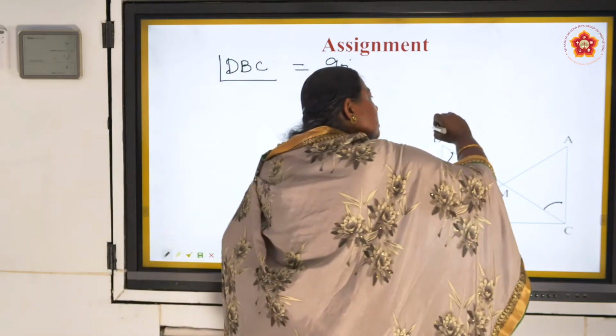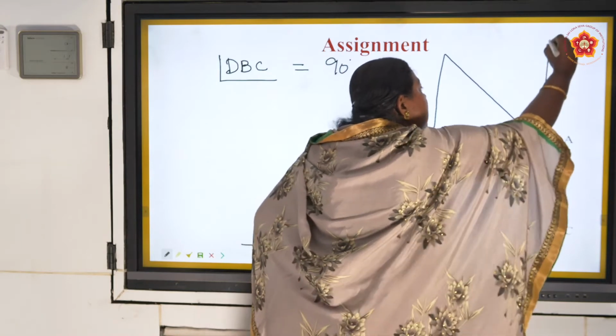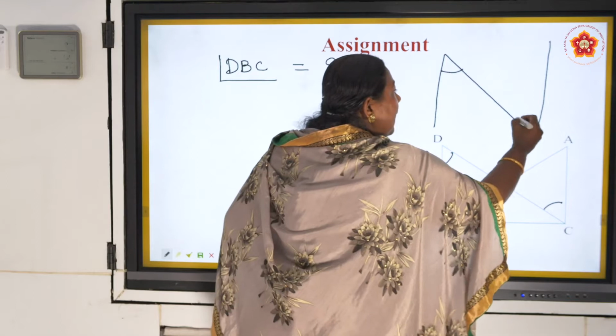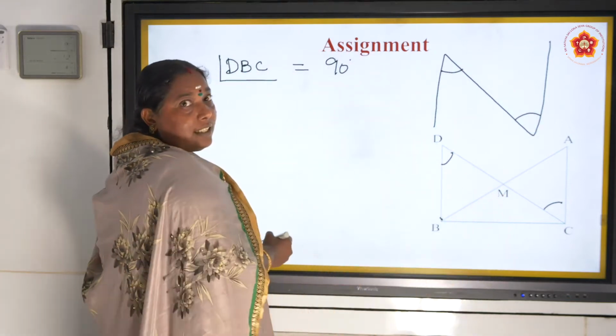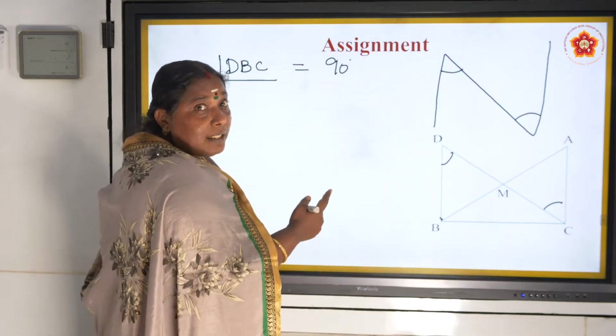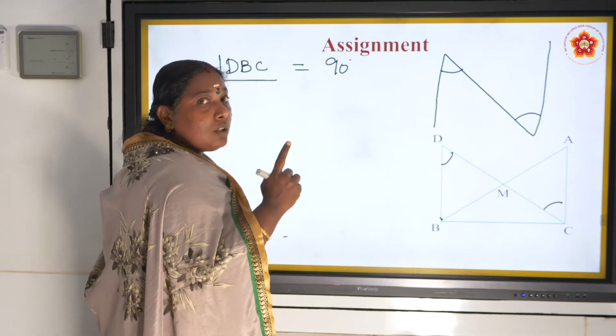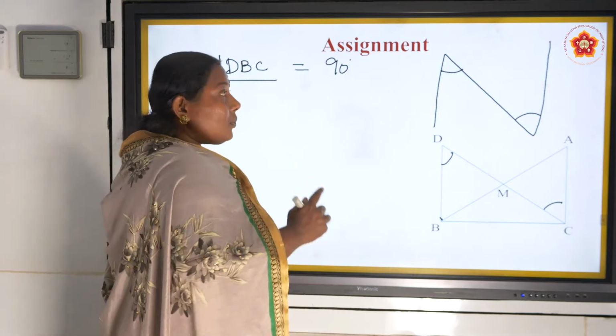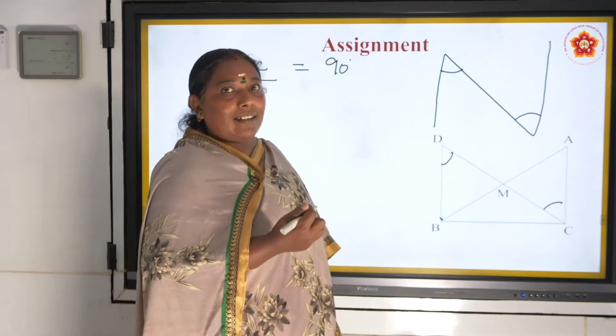Now you have to see the Z here. If there is a Z, there are alternate angles. If there is an alternate angle, there must be parallel lines. Why? Alternate angles will come only with parallel lines.